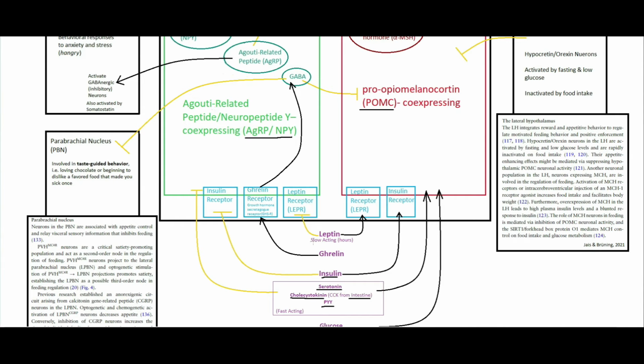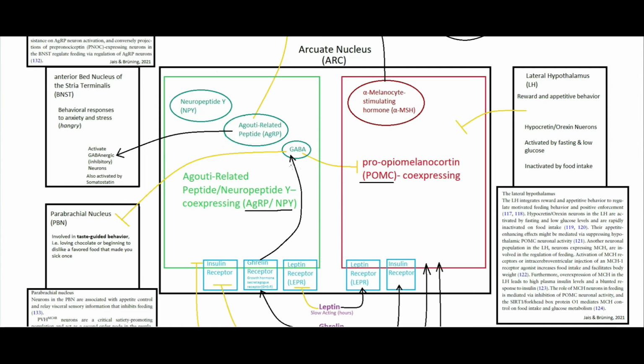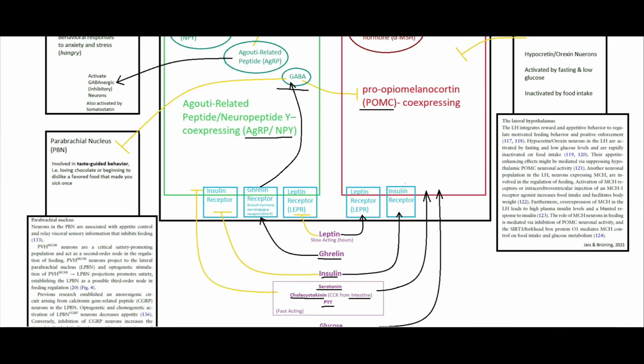the start eating neurons. And once again, we see here ghrelin is activating the start eating neurons, which then activates these GABAergic parts of the neurons, which then inhibit the stop eating neurons. So it's stopping the stop, which means go.